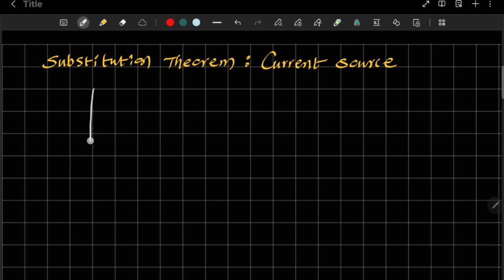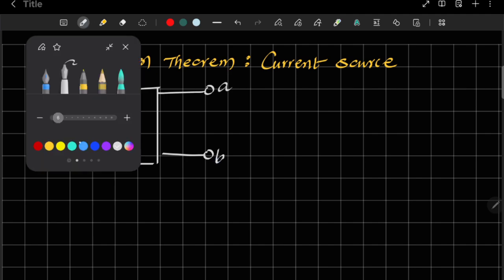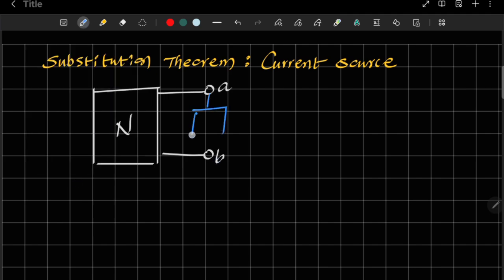For example, assume there is a network N and it has two nodes, A and B, and in between these two there is one element E, and it can be linear or non-linear.